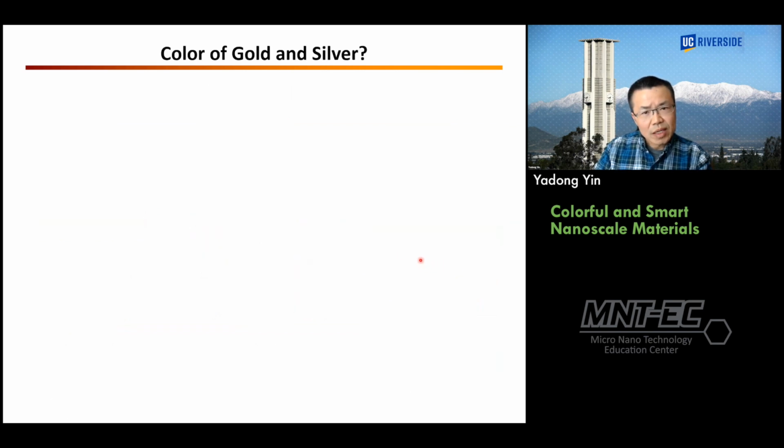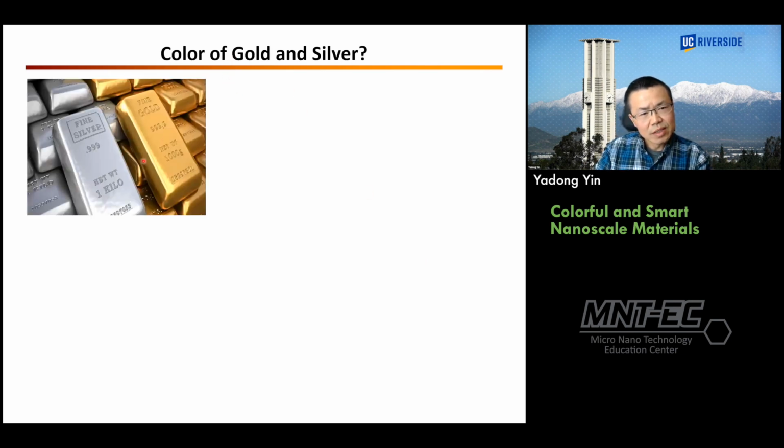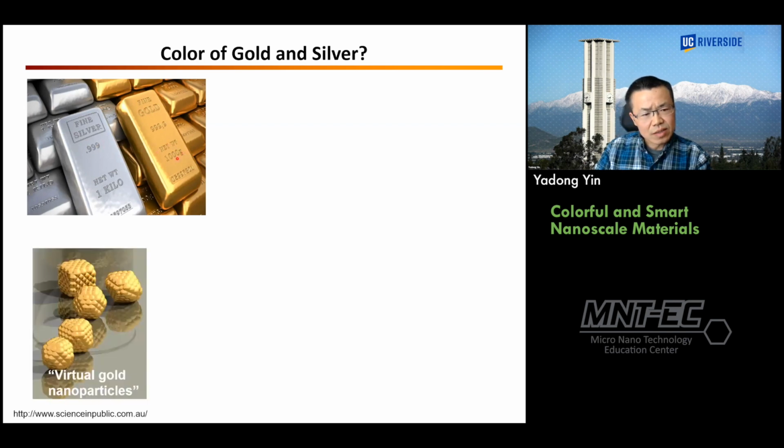Okay, and as Aziz has already pointed out, nanoparticles have so-called plasmonic properties. If we just look at gold and silver in our daily experience, we know silver is silver color and gold is golden color, right? This was a picture posted in online media.